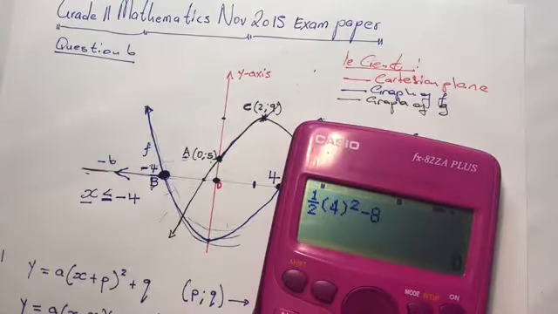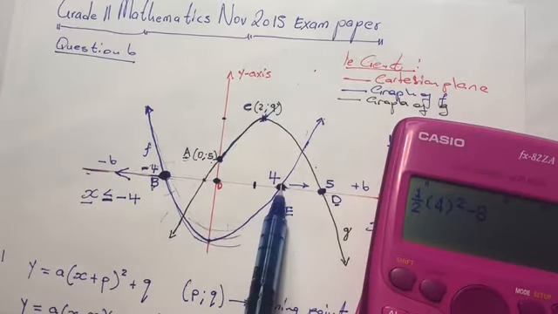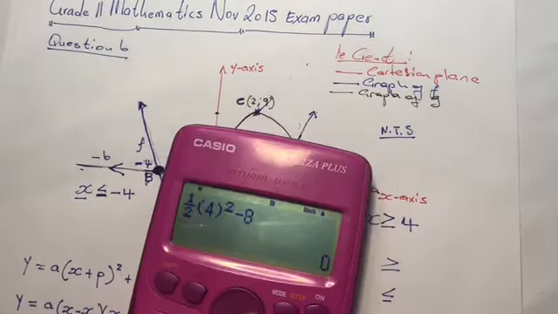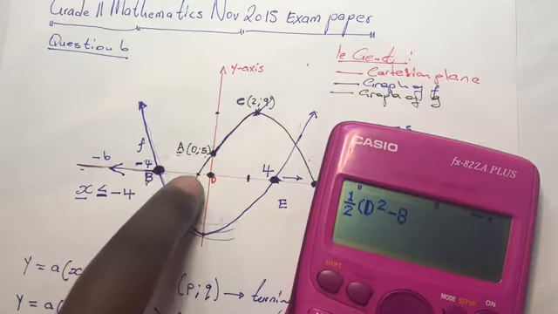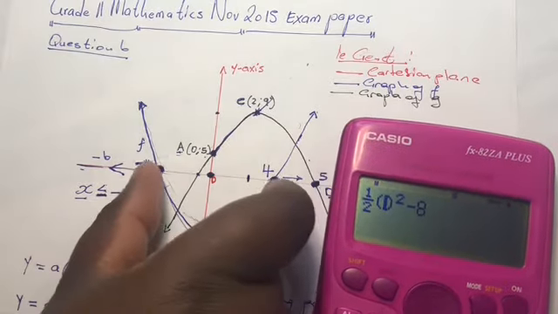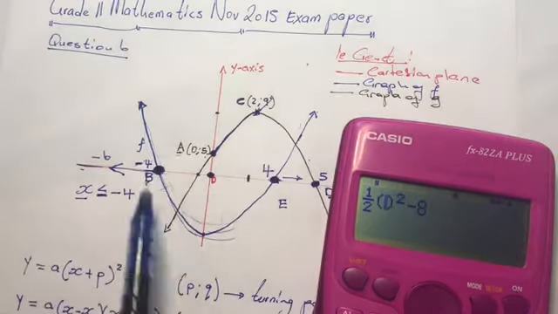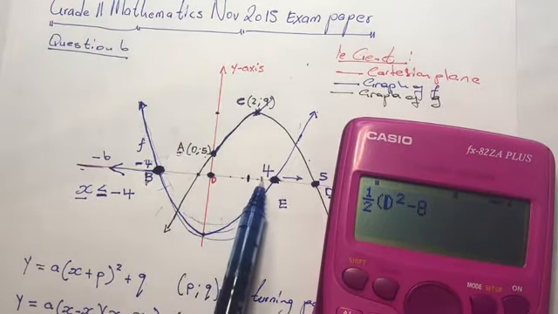So let's use the values which are between -4 and 4 and see what happens. Let's use 0. You can use 0, you can use -1, -2, -3, but not -4, because -4 is part of the answer. We're looking for values which are between these 2 points. So you can use -3, -2, -1, 0, 1, 2, 3.